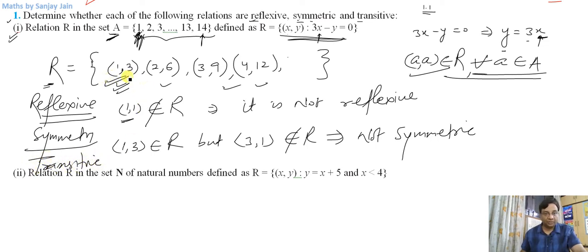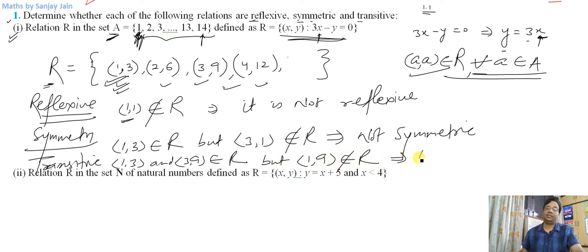Let me check. (1, 3) is there, (3, 9) is there. So (1, 3) and (3, 9) belong to R, but (1, 9) doesn't belong to R. Hence I can say it is not transitive. So it is not reflexive, not symmetric, not transitive.